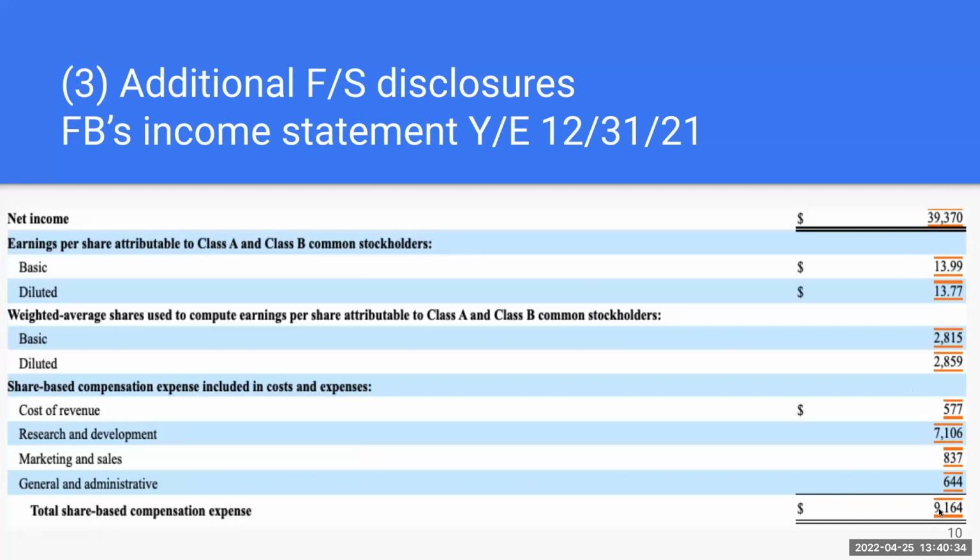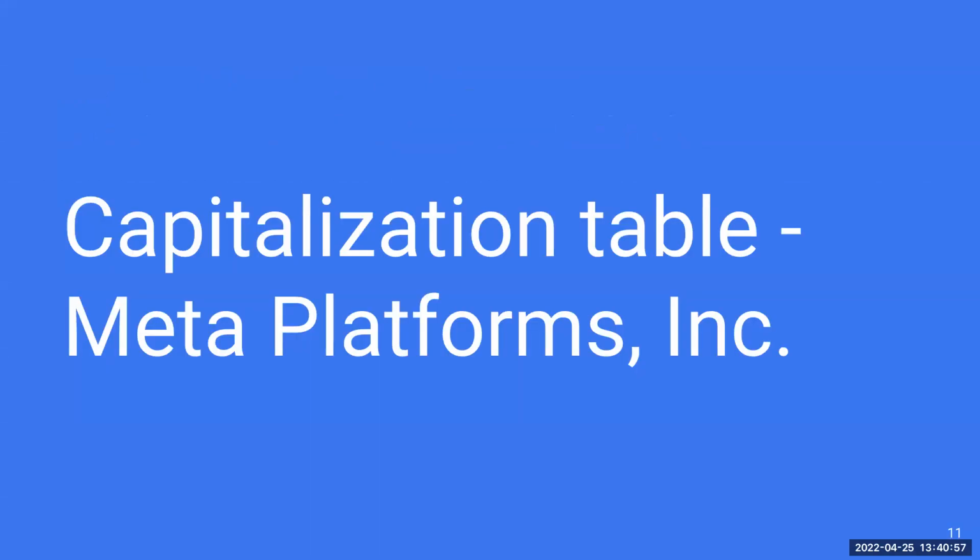So if this was being added back to net income, you're looking at about 48.4 billion of net income if stock compensation didn't exist. So I want to applaud Facebook on this particular item, in that the share-based compensation expense is being highlighted separately here, which I think is an extremely good idea.